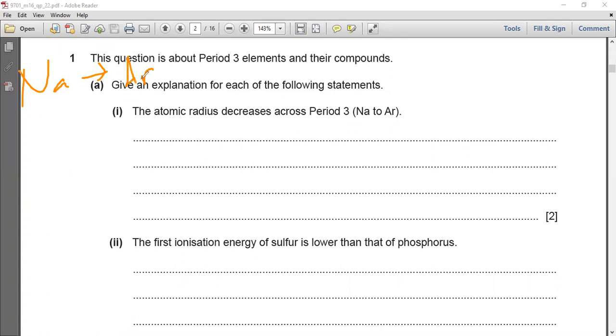As you know, atomic radius changes across a period. Let's say you have sodium here. Let me clear this.